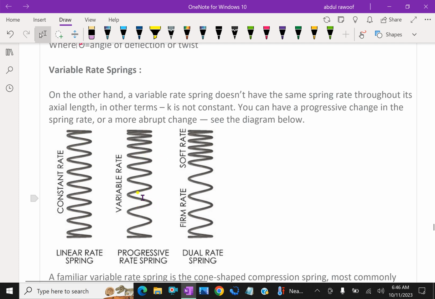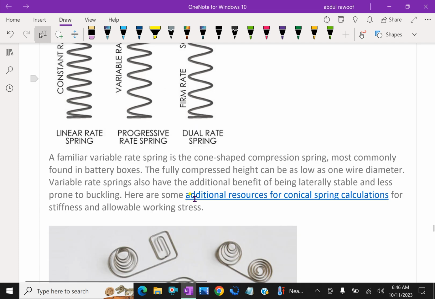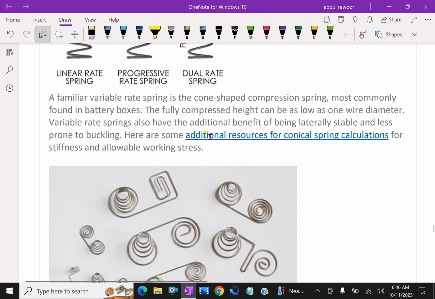Here the extension is different at different lengths, and this is a firm rate and this is a soft rate. A familiar variable rate spring is the cone-shaped compression spring, most commonly found in battery boxes. The fully compressed height can be as low as one wire diameter, that is, it is completely compressed flat.